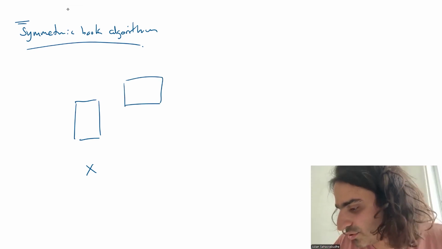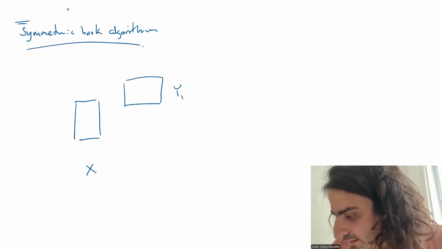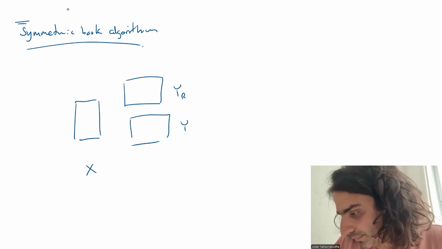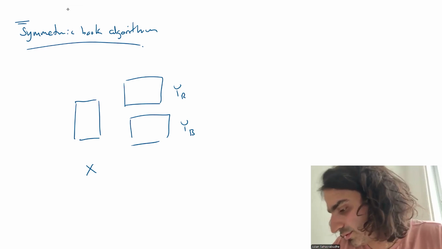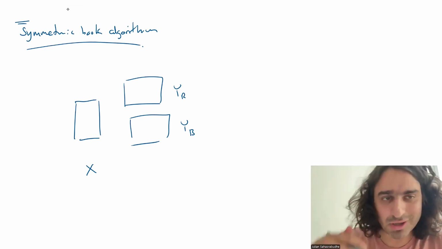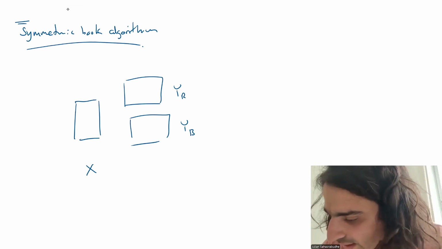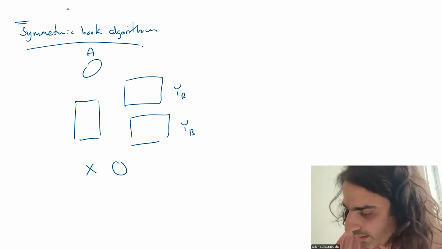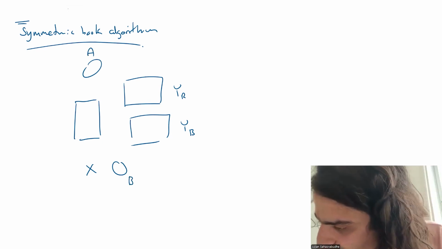I'm going to have two sets, Y sub R for red, and Y sub B for blue. Of course, if it's more colors, it's more of them. And I have a red set here. So this will be my A, and this will be my B here.